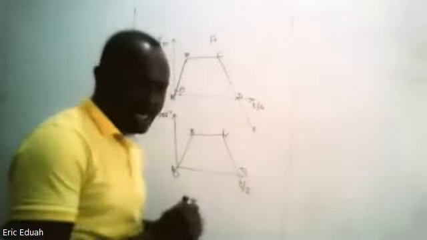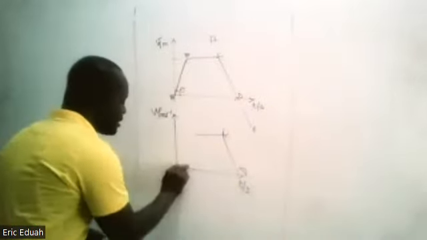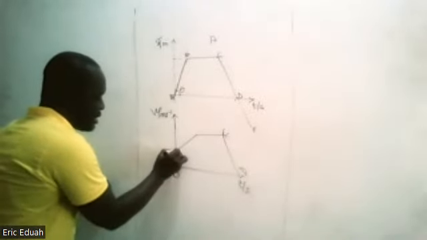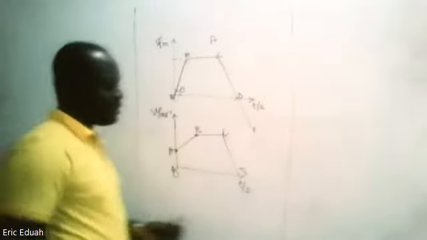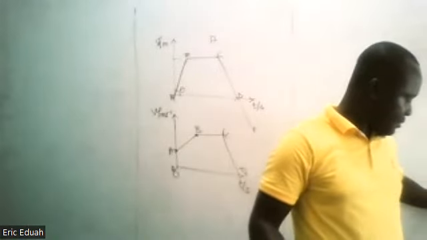Now, if I should change this, I want to modify this a bit. Instead of starting here, this is A. This is B. Yes, describe the motion. What is happening here?